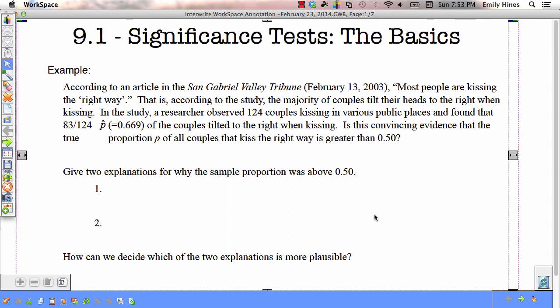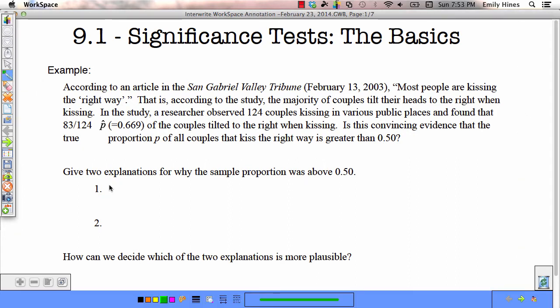Okay, so two explanations for why this sample proportion, this p-hat here, is so high. Because what we're asking is, is this high enough to say that the true proportion of all couples who kiss the right way is greater than 50%? Or the proportion is greater than 0.5. So one explanation is that yes, P really is greater than 0.5, and our p-hat is just representative of the sample.